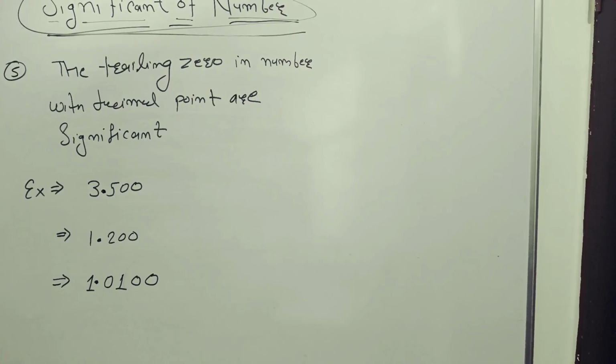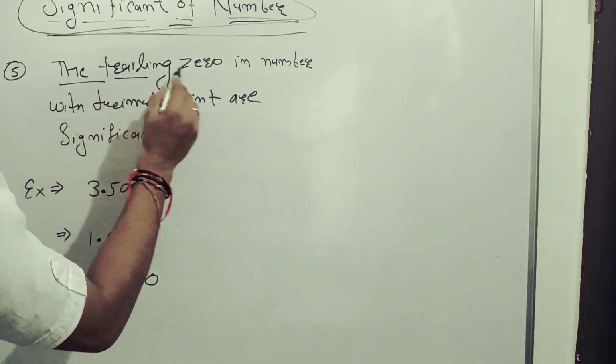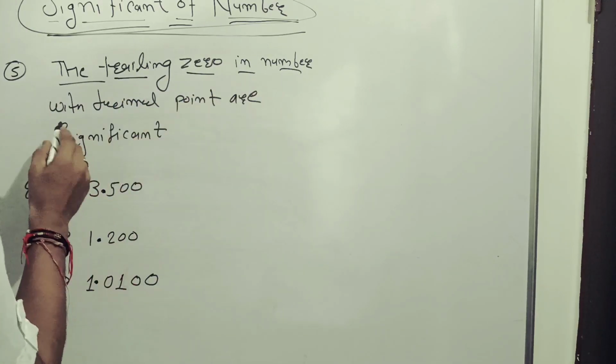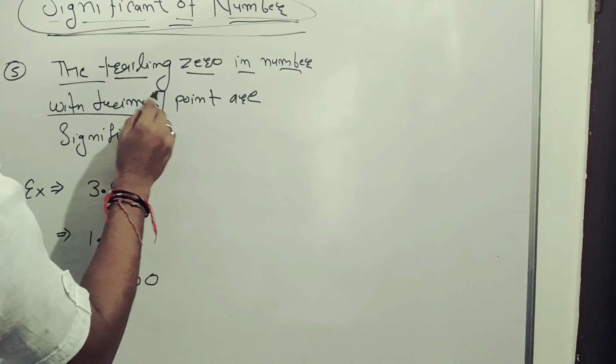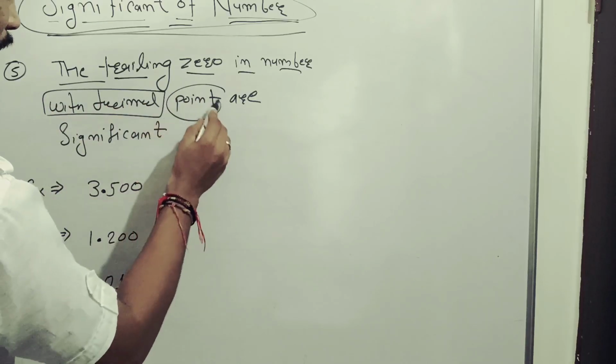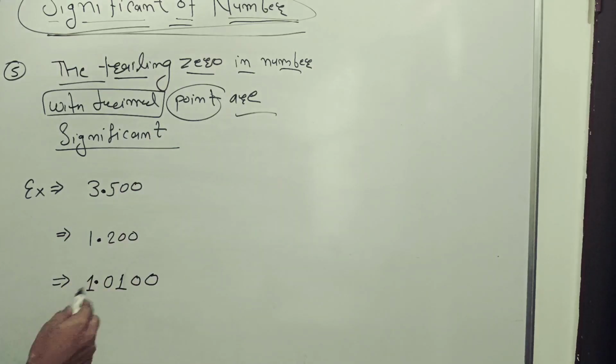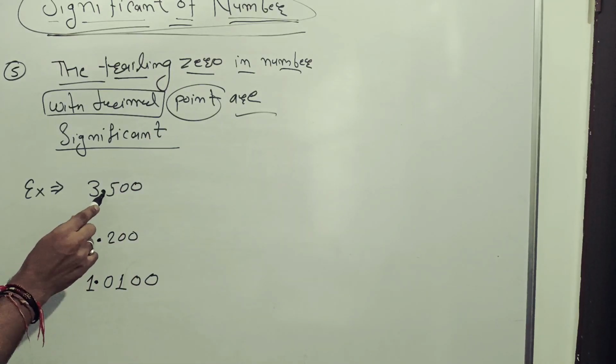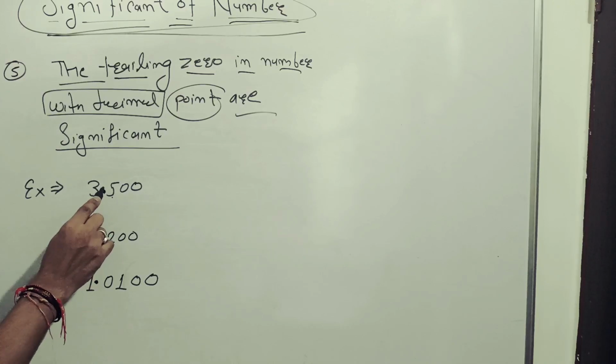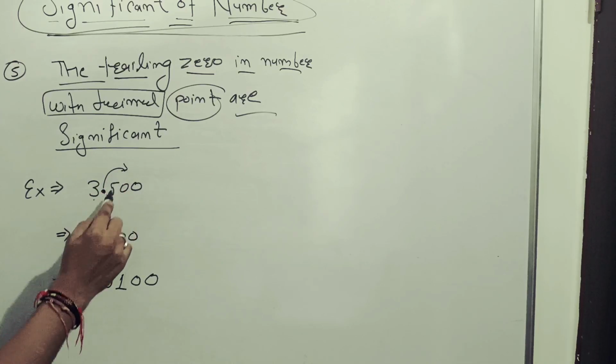And rule number 5: the trailing zeros in a number with a decimal point are significant. For example, 3.500: after the point the zeros are considered.